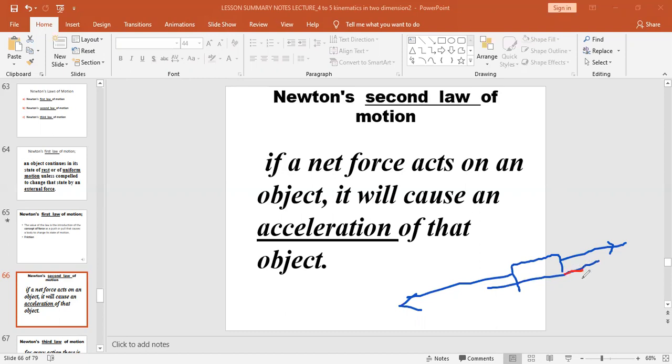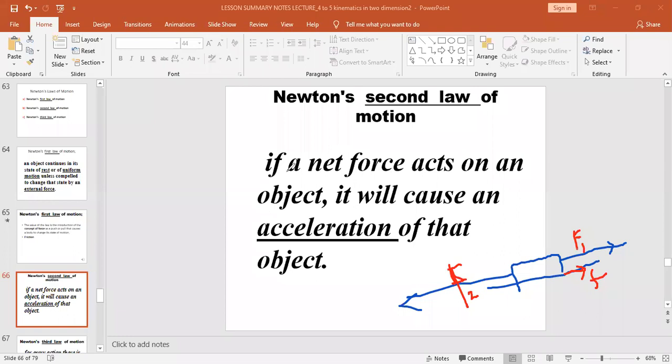So we are going to have force 1, force 2, and force 3, which is the frictional force.